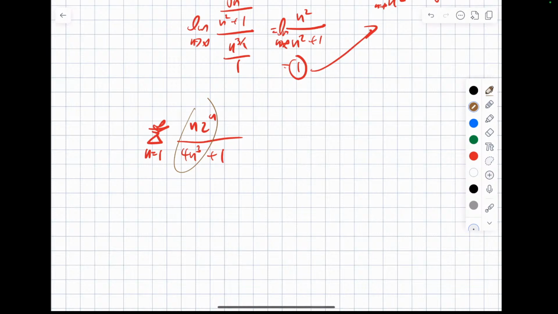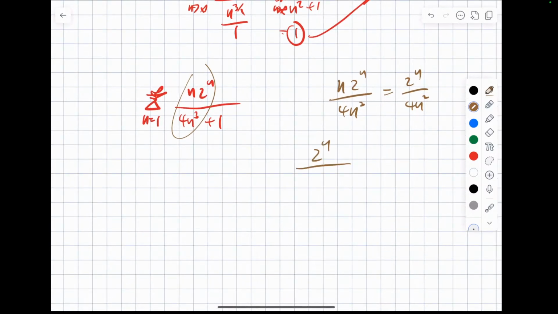Just don't worry about the plus 1 for now. It will be n times 2 to the n over 4n cubed. Can I simplify that? Yeah, 2 to the n over 4n squared. Don't worry about the 4 because 4 is a constant. So we're going to compare with 2 to the n over n squared.